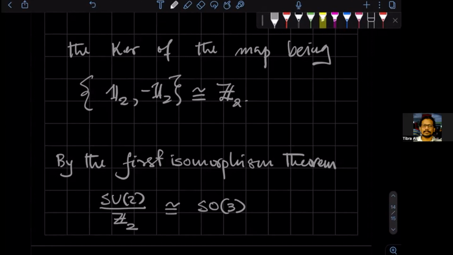For any rotation in SO3, there will be an element U in SU2, right? Physically, I guess it's pretty simple. Can we think of it physically from the example?